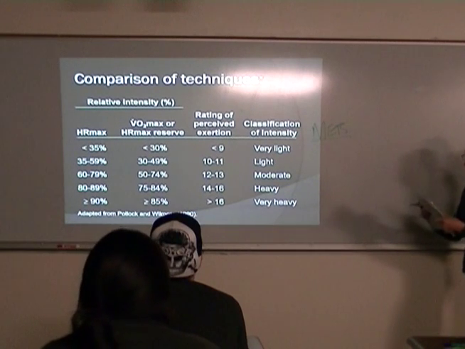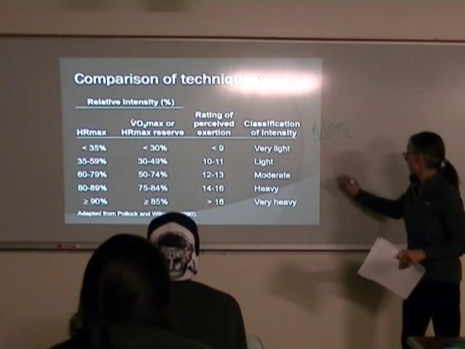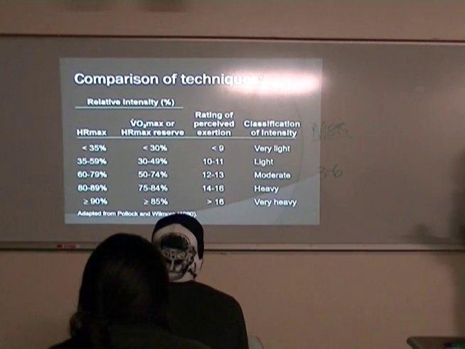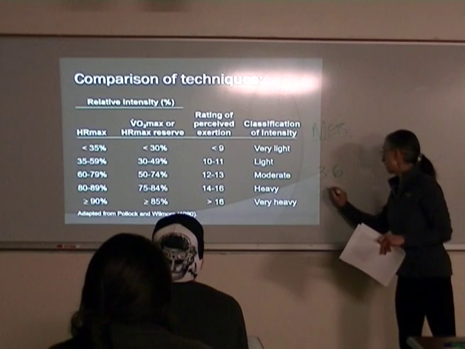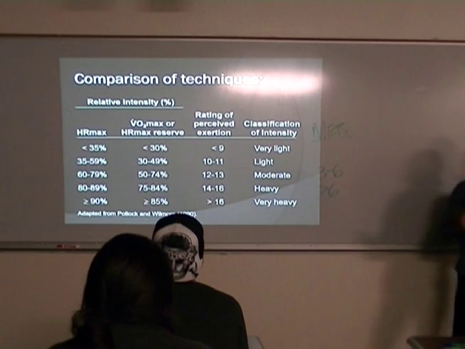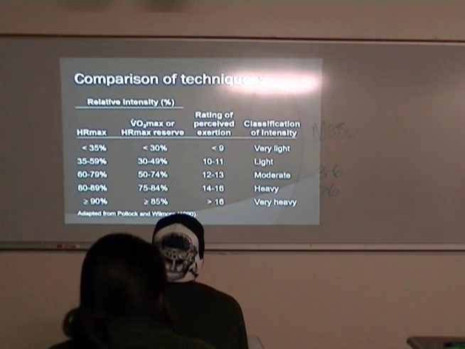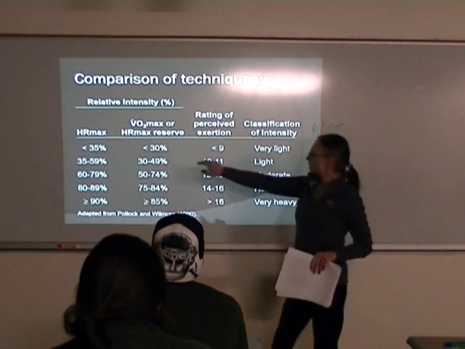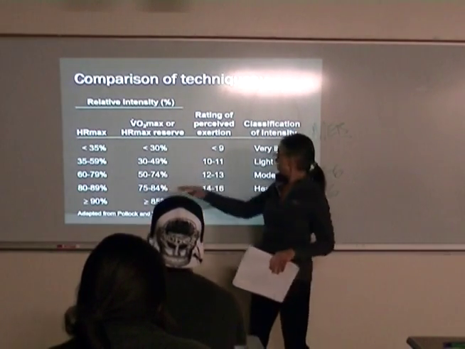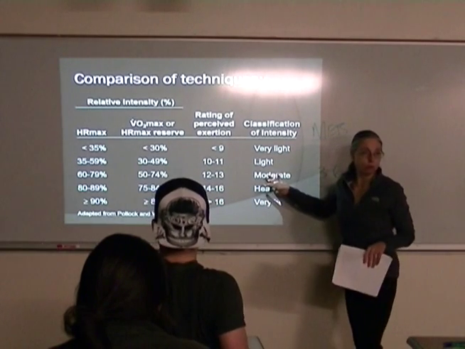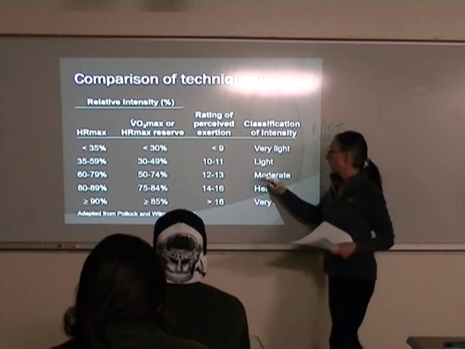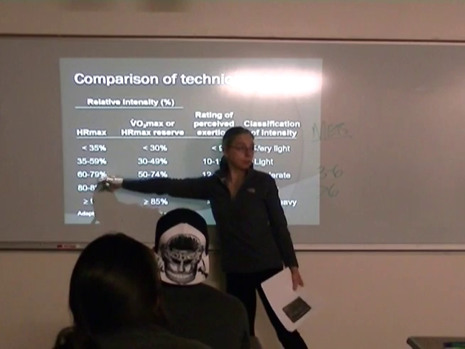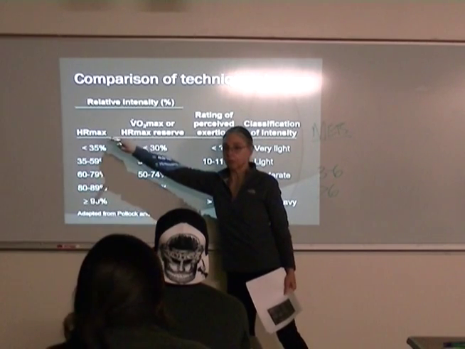All right, if you are working at a moderate level, your MET number should be 3 to 6, right? Anything over 6 is considered vigorous. So here you can see if I'm going to work at a moderate level of aerobic work, then my heart rate training zone would be somewhere between 60 and 79% of my max heart rate.